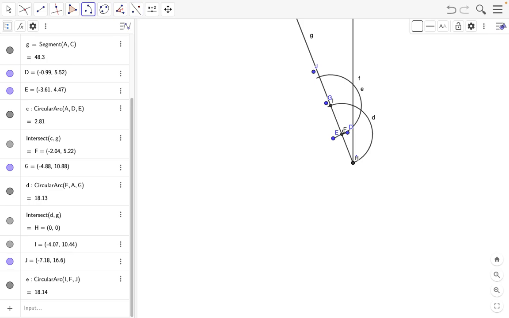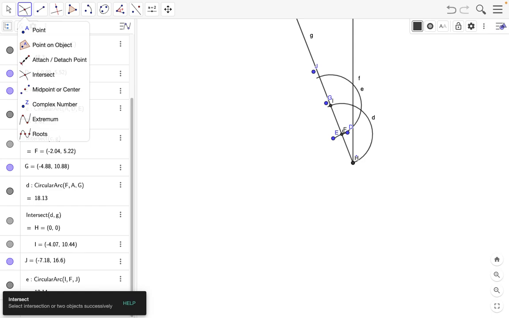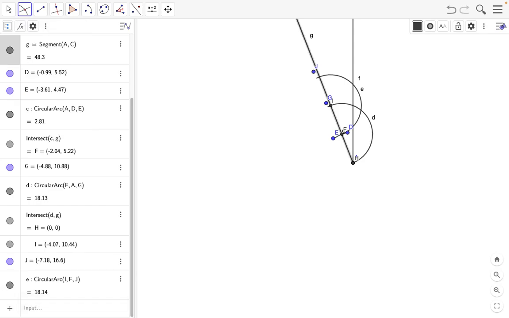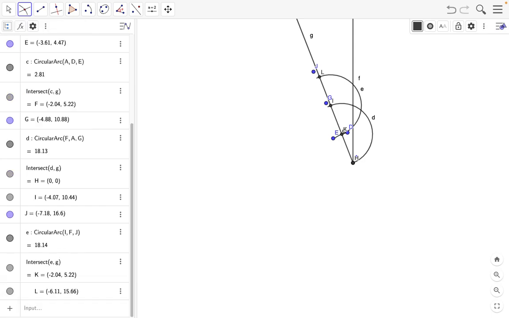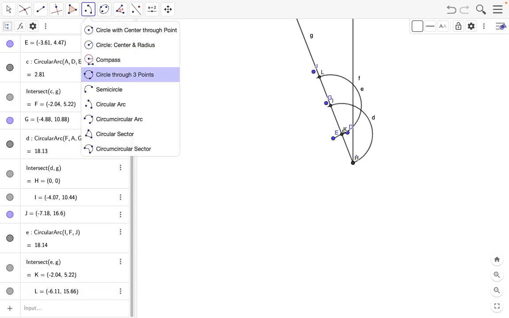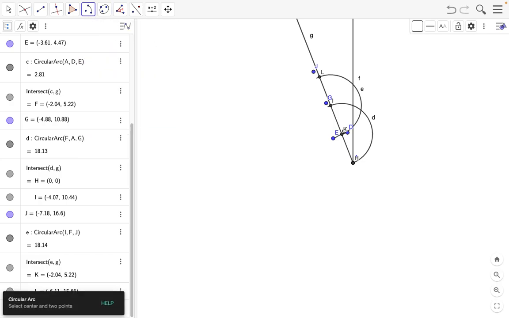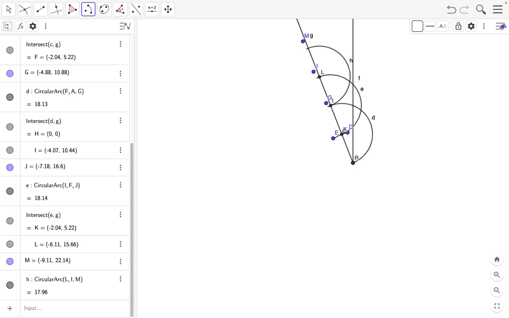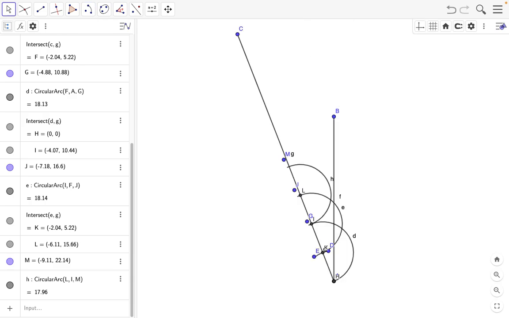Again I will go for intersect, so this and this. Next I will again select this arc command, this as the center, this as the radius. I will draw this one. So already we have divided into 1, 2, 3 and 4.